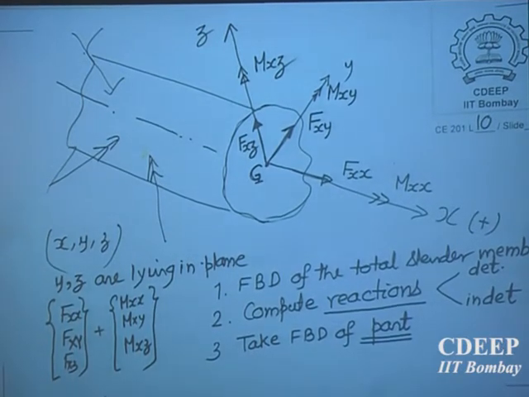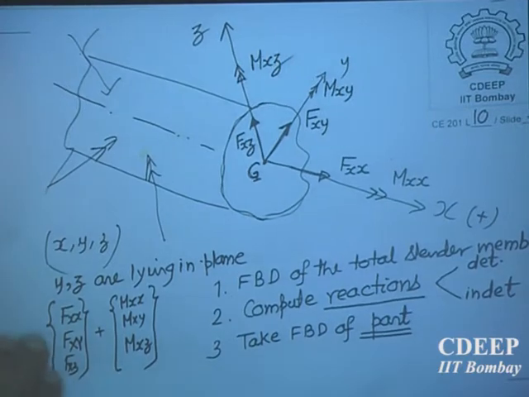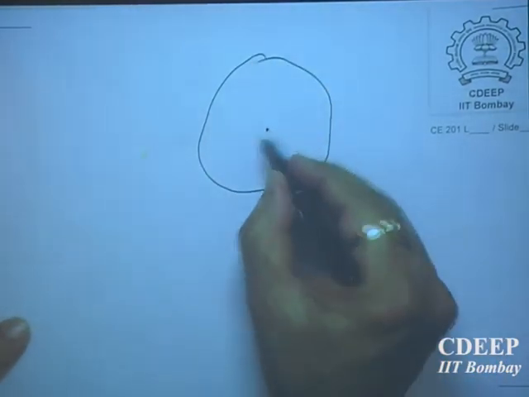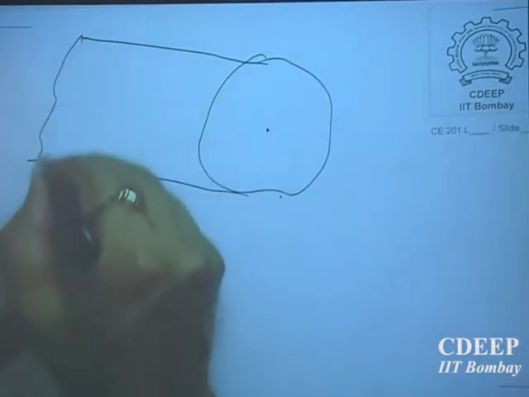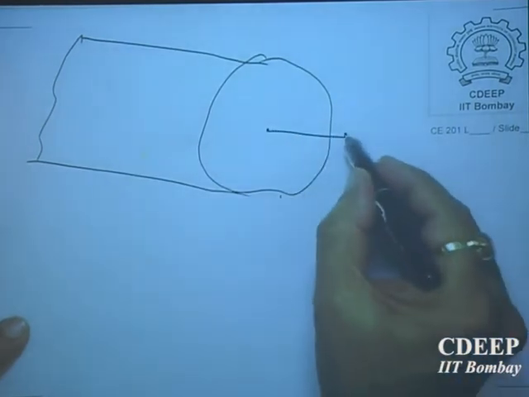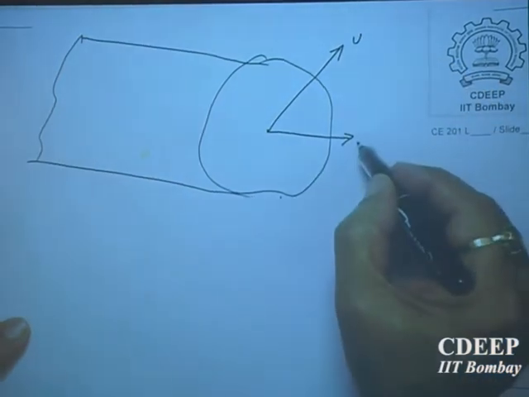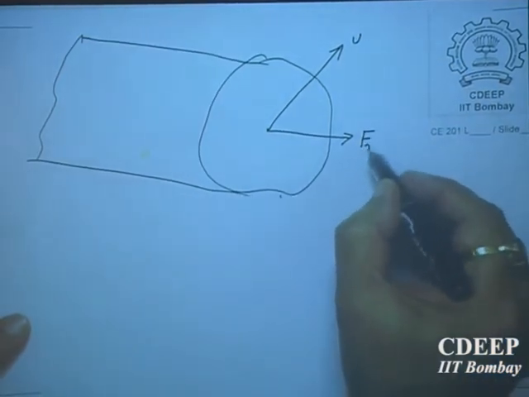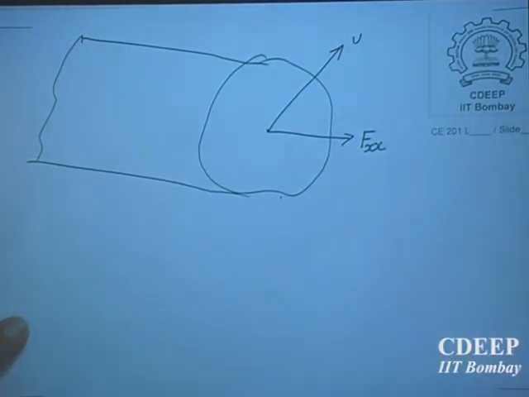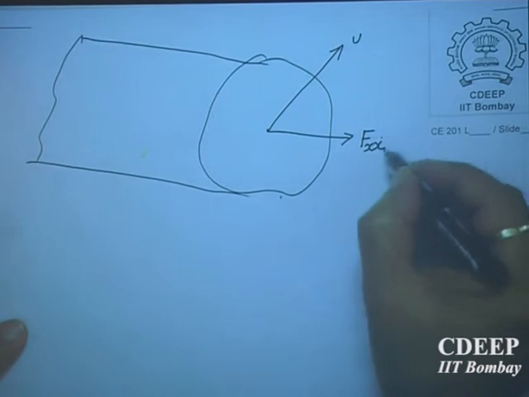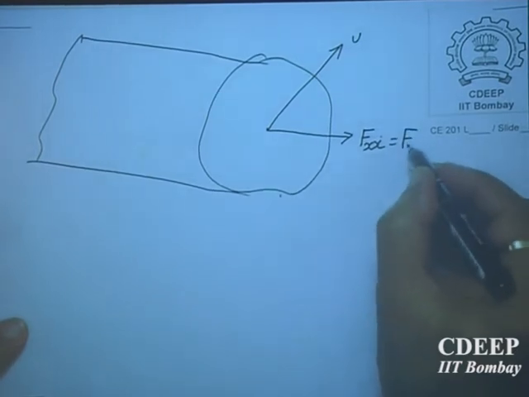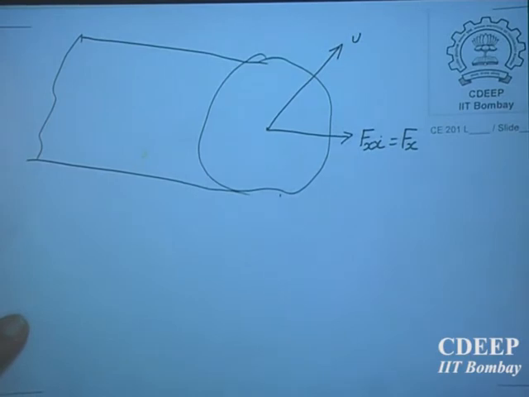Now notation sometimes changes. I have told you about this one notation. There are people who will say, why are you calling this at any point? This is one part. So this is x direction, this is y direction. So on this side you have Fxx. They will denote it simply not by Fxx but simply by Fx, a force in x direction.